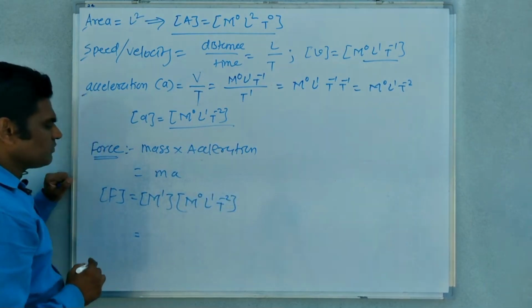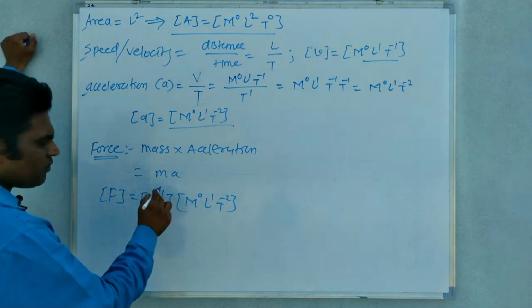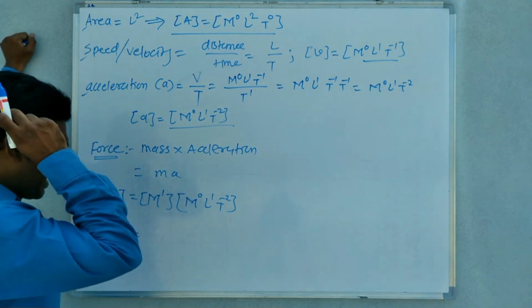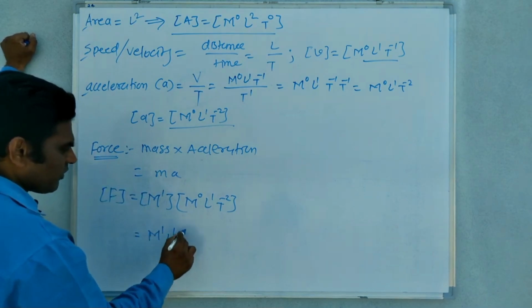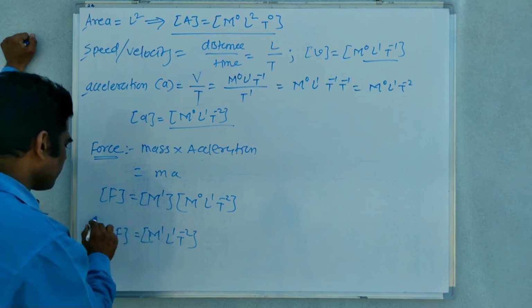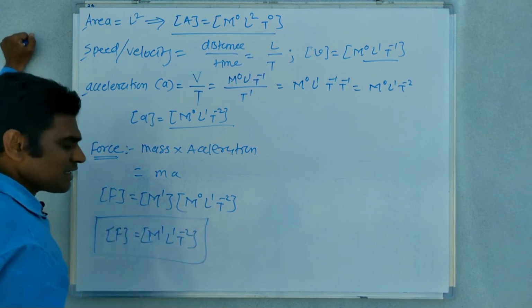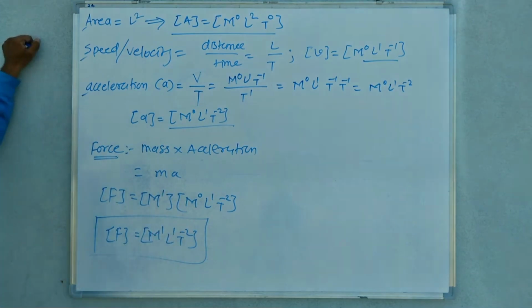So, the base m is the same, so the powers will be added: 1 plus 0 is 1, L1 t to the power minus 2. These are the dimensions of force in terms of mass, length and time: 1 in mass, 1 in length and minus 2 in time.